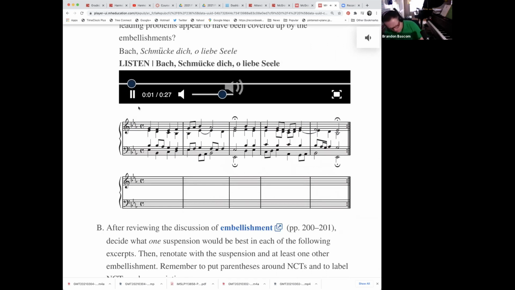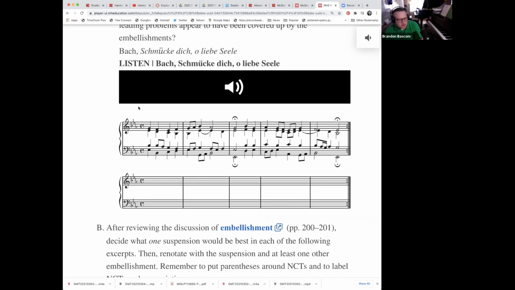Self-test 12-2A3. Well, that was beautiful.